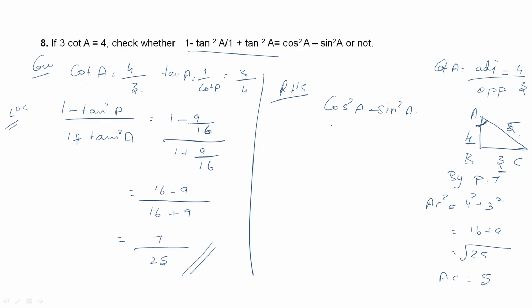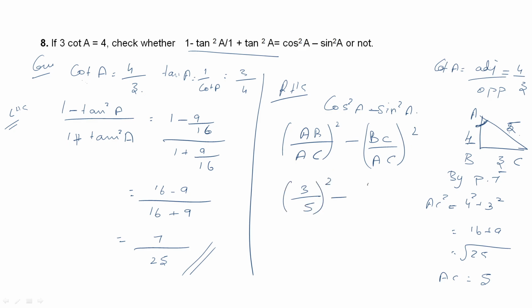So now what is cos A? Cos A is adjacent by hypotenuse. That means (AB by AC) whole square minus (opposite by hypotenuse) whole square. The opposite of A is BC by AC whole square. So now AB is 3 by 5. Just substitute the values properly. That's all, nothing in this exercise. 9 by 25 minus 16 by 25.